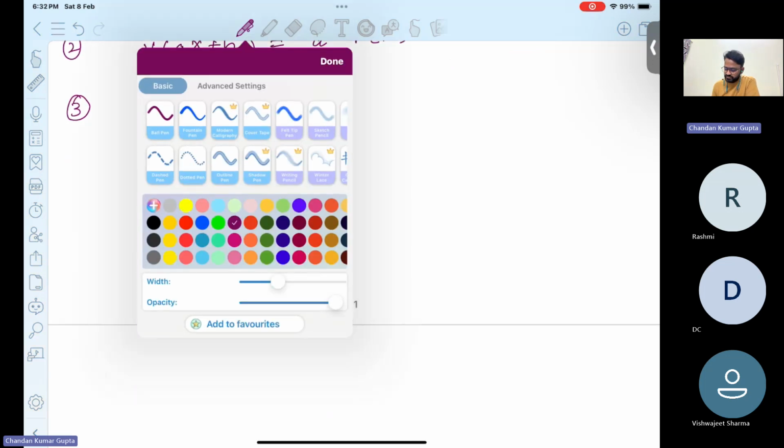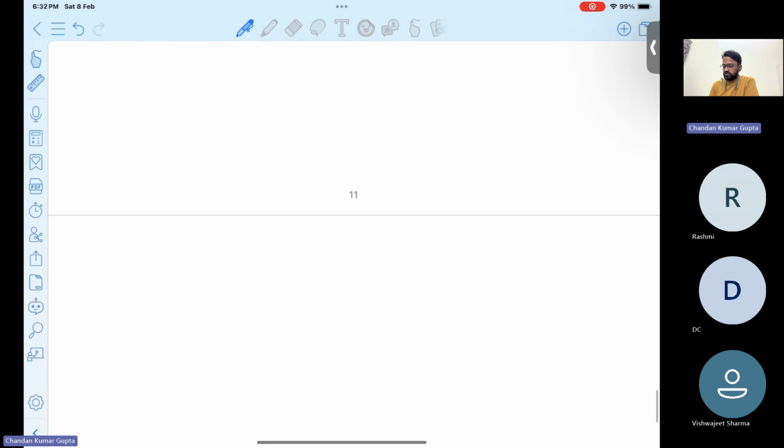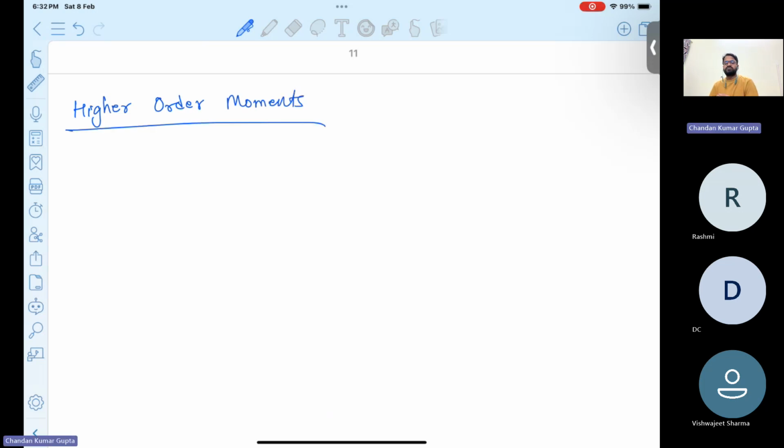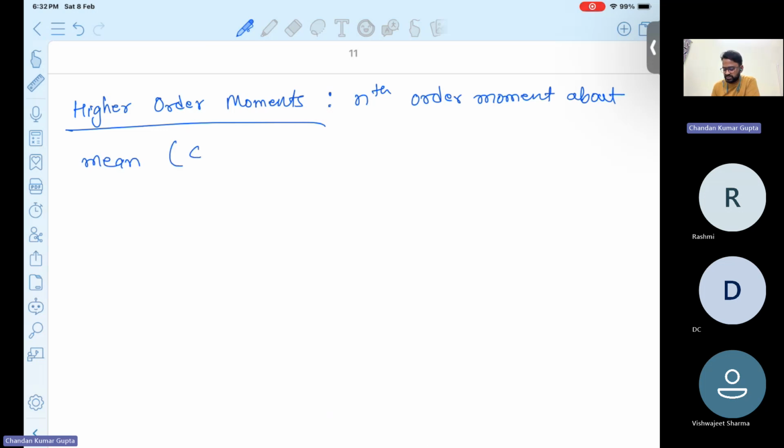Now we will discuss higher order moments. Till now, we were calculating either the first order moment or the second order moment, and now the higher order moment. That means the nth order moment about the mean, which in general terms we say is the central moment.